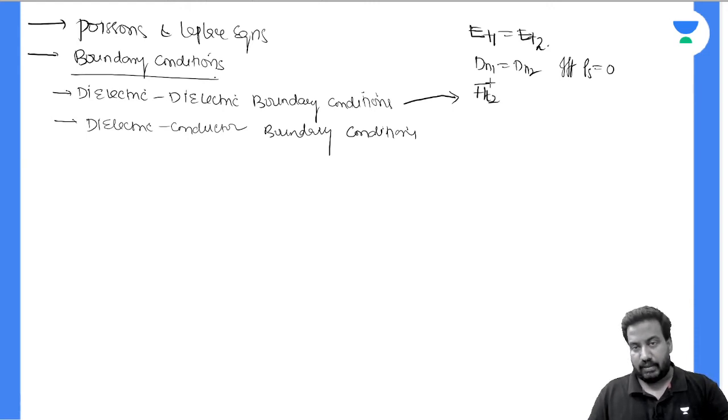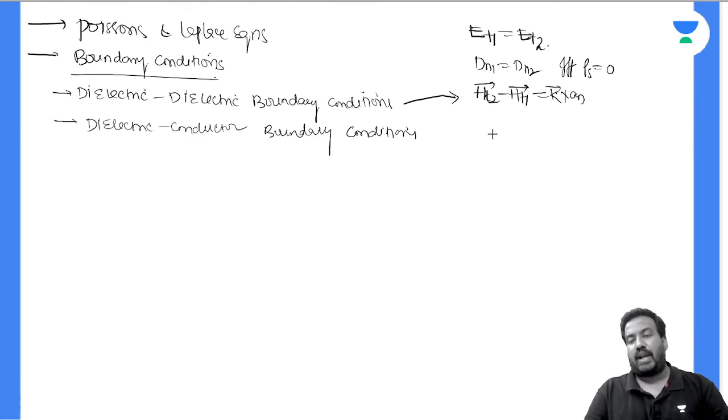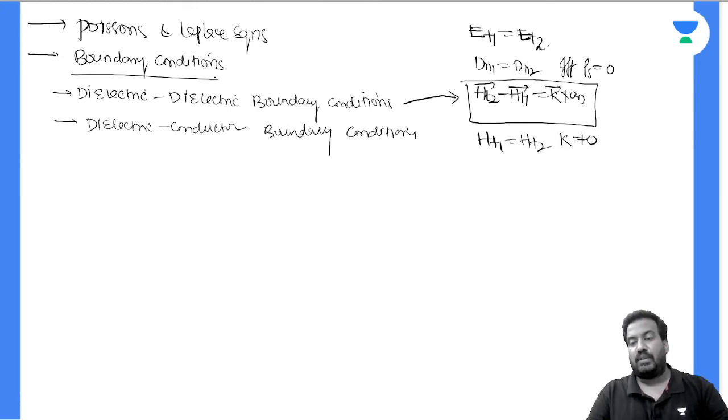Done. Vector notation: H T2 minus H T1 is equal to K cross a N. Scalar: H T1 is equal to H T2 if and only if K is equal to 0.